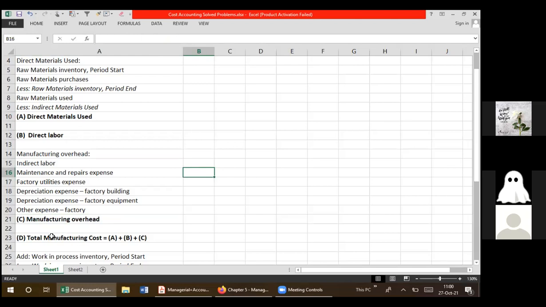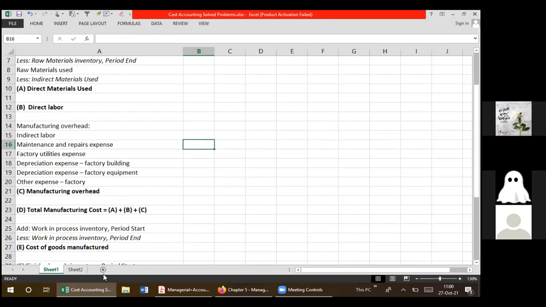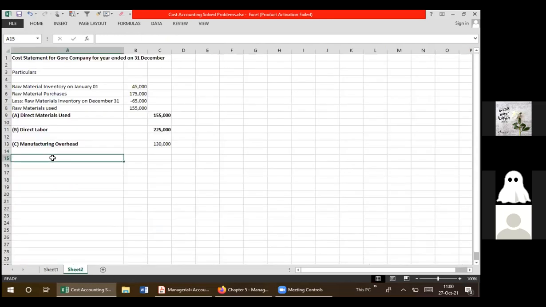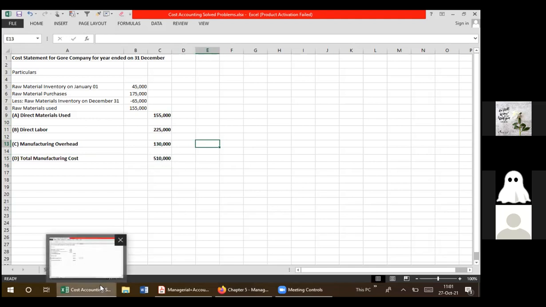Now we go to point D, that is total manufacturing cost, A plus B plus C. Total manufacturing cost is 510,000.